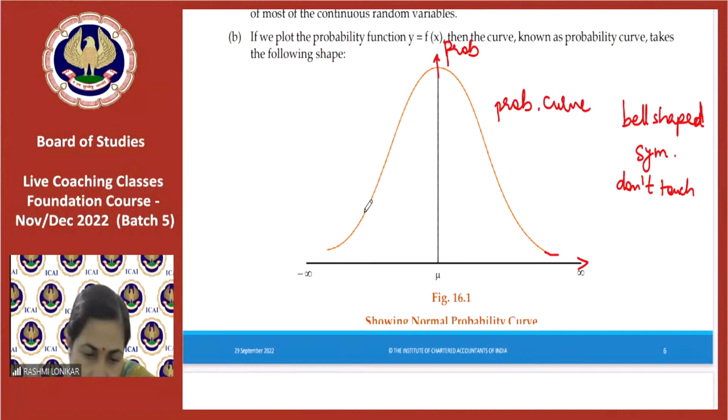And here you can see this is a concave curve, and after that it becomes convex. So it is like this, and then it becomes like this. Up till here this is concave, and after this it is convex.